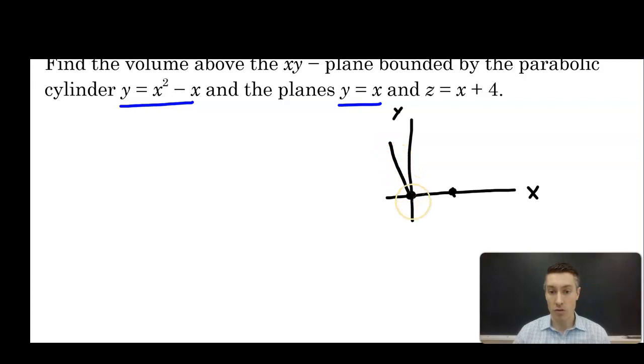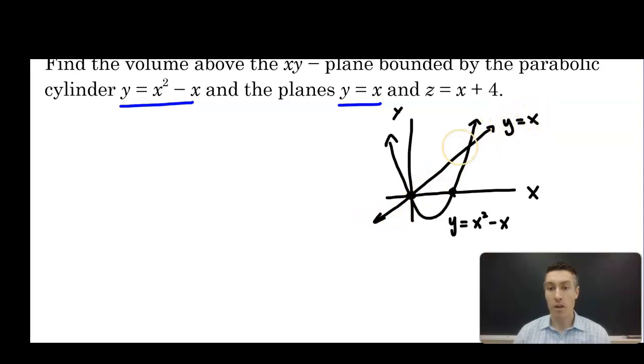So then we can draw our parabolic curve through those points. So there we have y equals x squared minus x. We'll also graph y equals x. So we have a nice closed region, and this is going to be the region of integration.